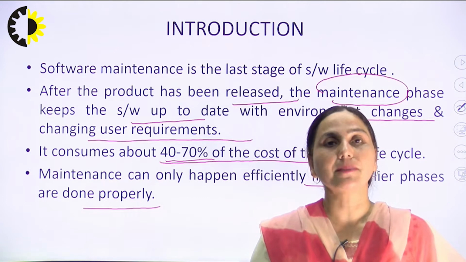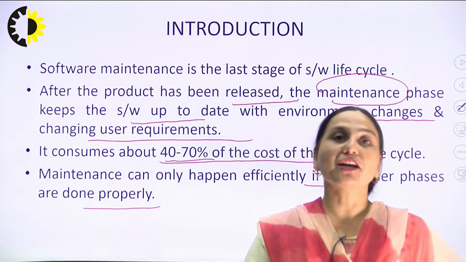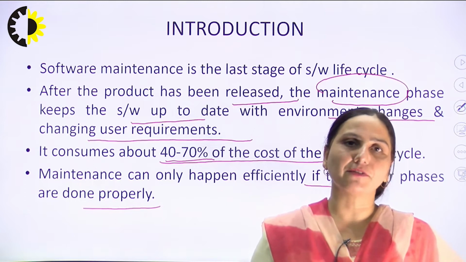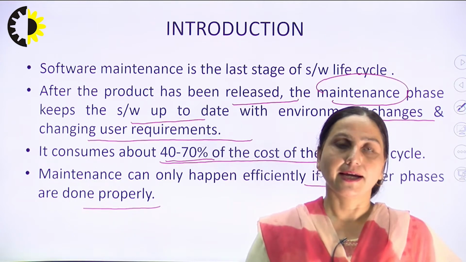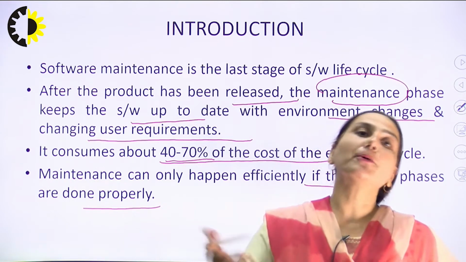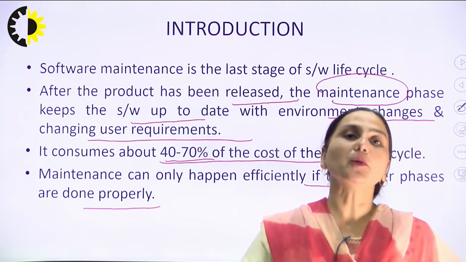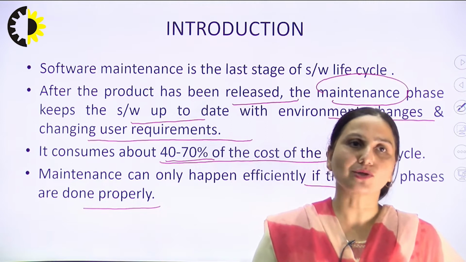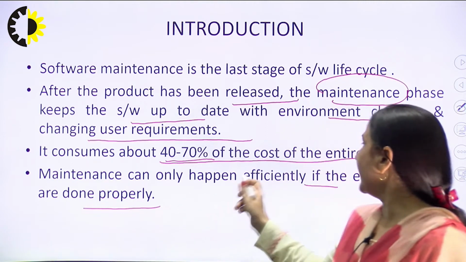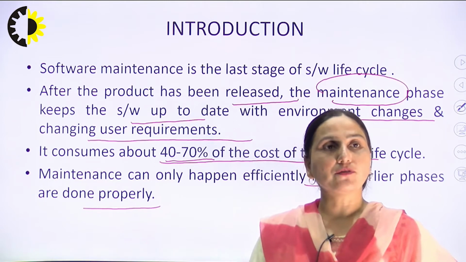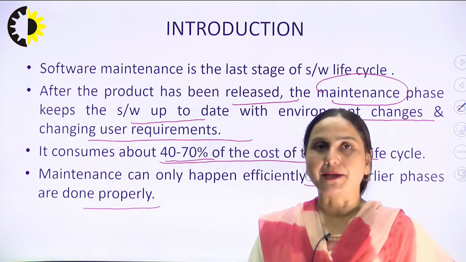For example, if the requirements are not clear, how can we expect to produce good quality software? And to incorporate changes in software which is not perfect is totally useless. So it is going to happen efficiently if and only if all the previous phases in the development of the software have been done properly.